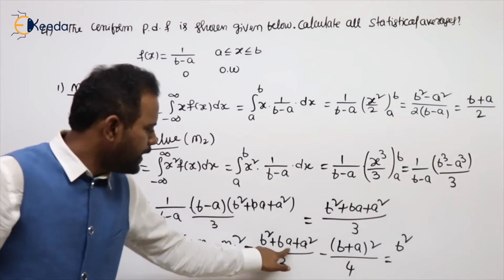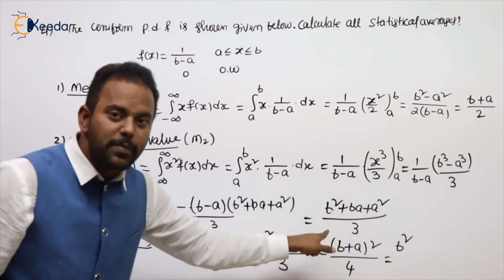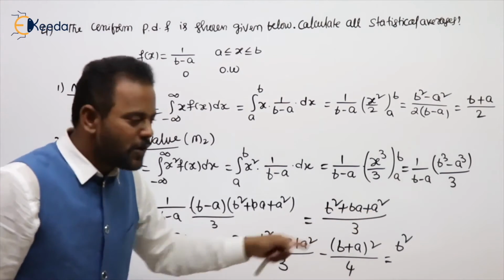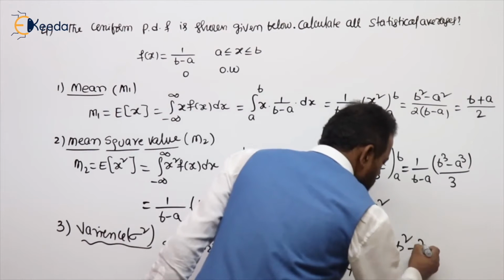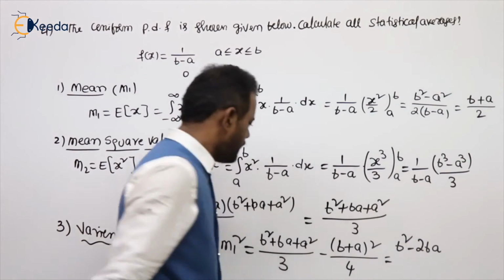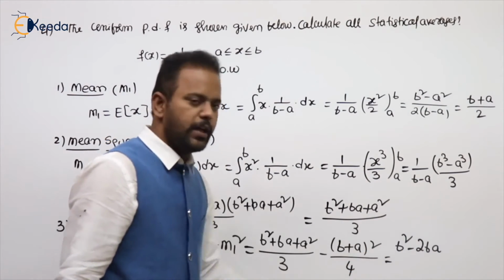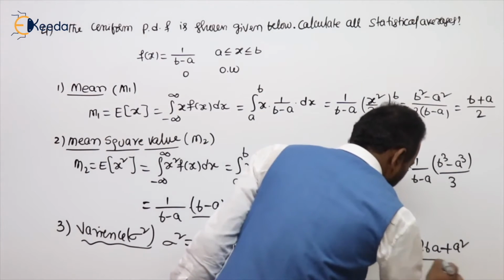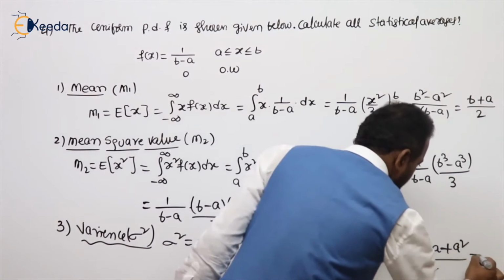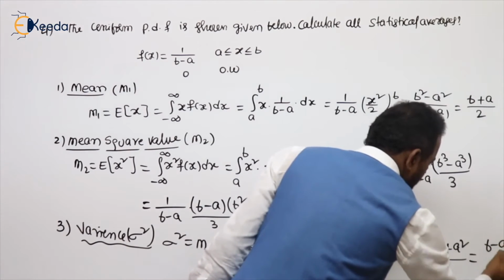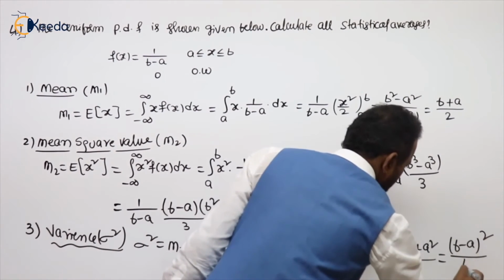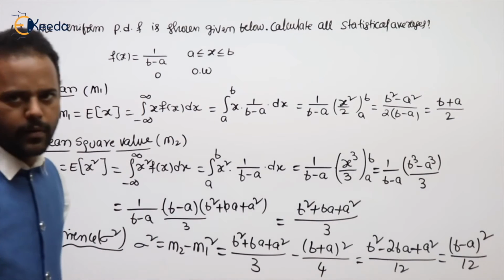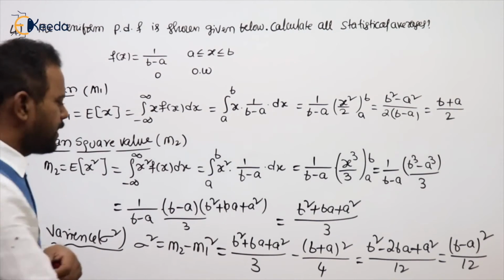Here 4ba minus here 6, because 2ba, so remaining is minus 2ba. Here a square, here 3, here 4, here 3, so plus a square, divided by LCM 12. That is nothing but (b minus a) whole square by 12.